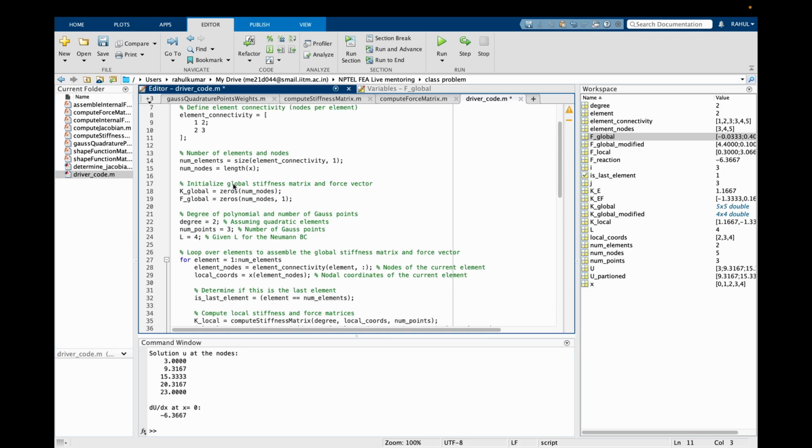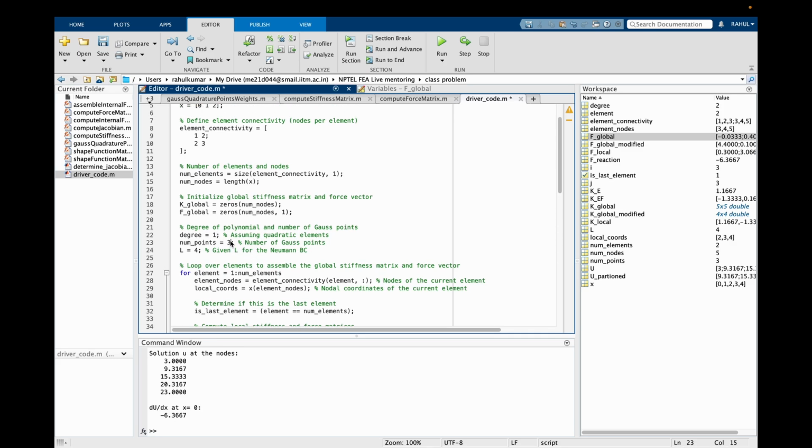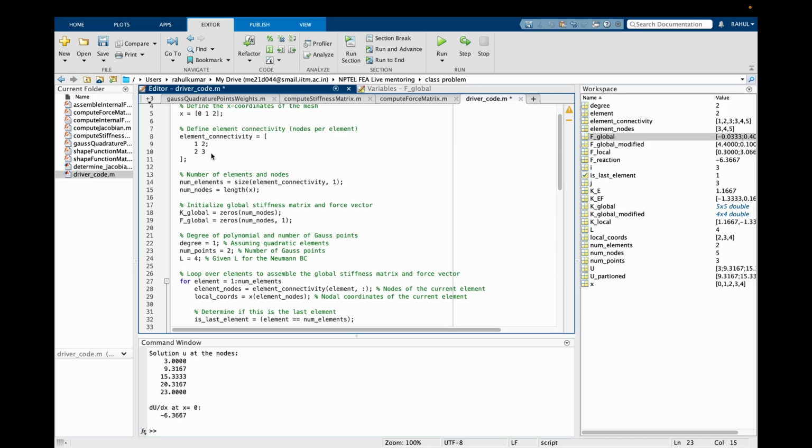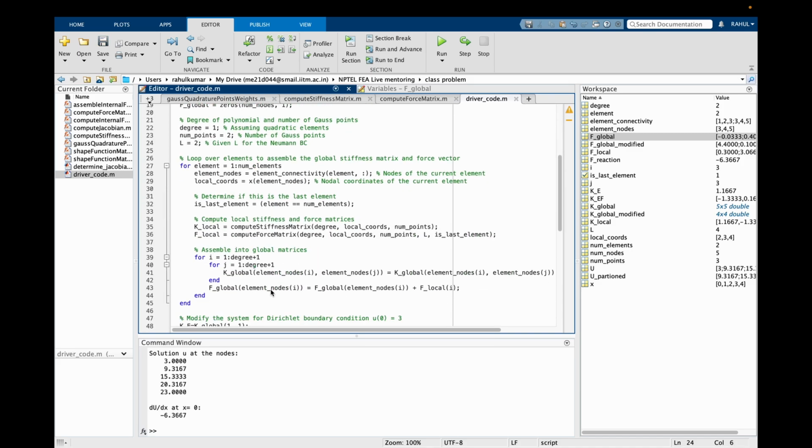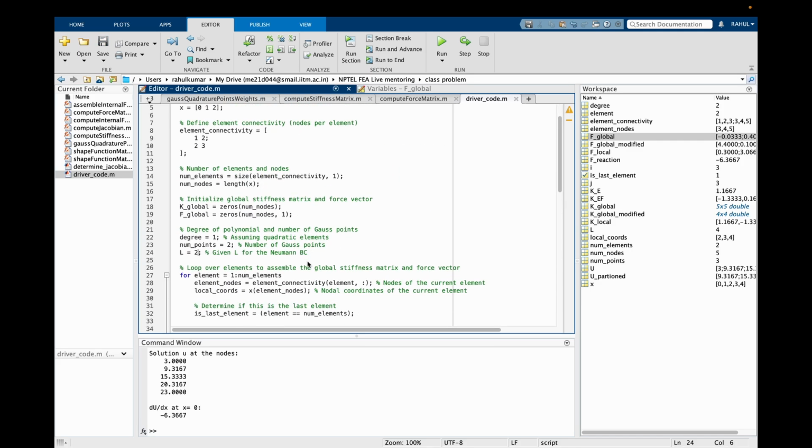So what I have to do is change this degree to 1, number of points to 2. Here, L is 3, oh sorry, L is 2. Okay, everything is fine. Now I will run this code.